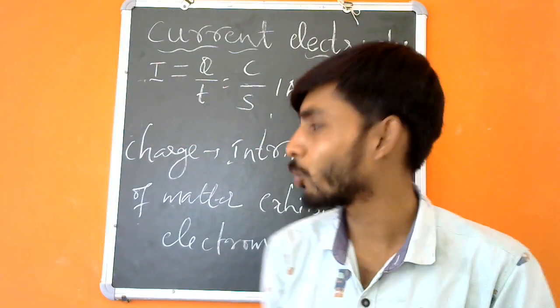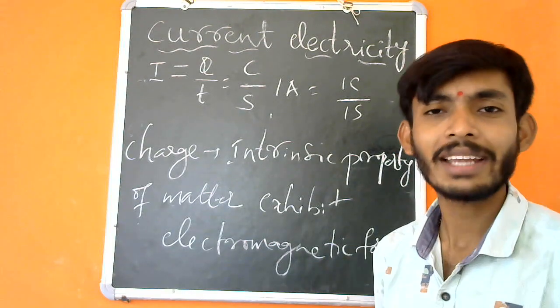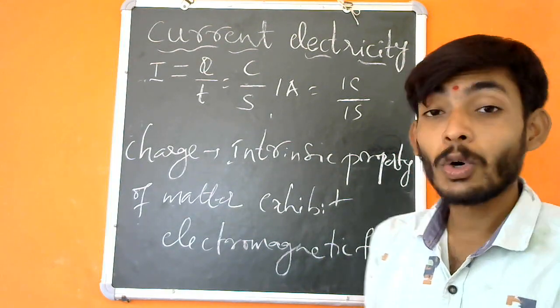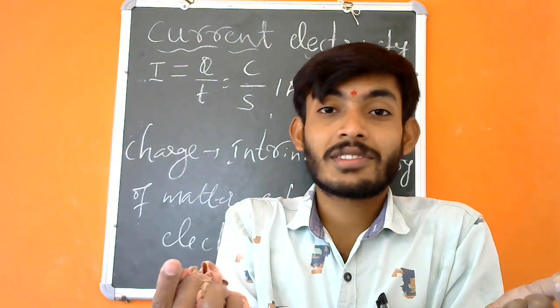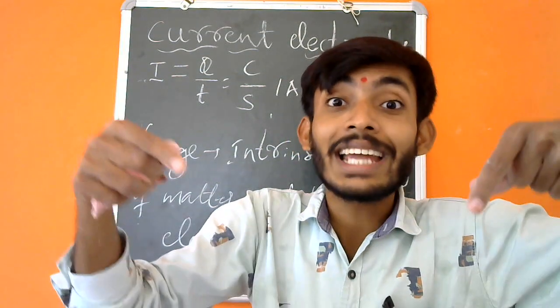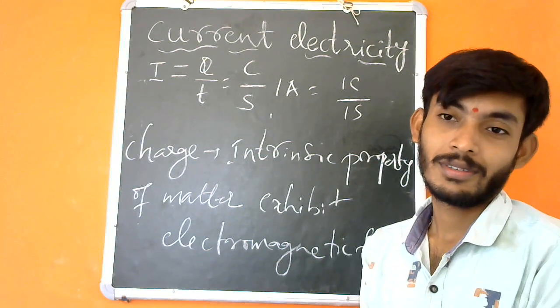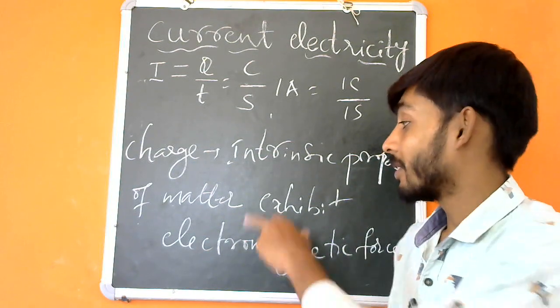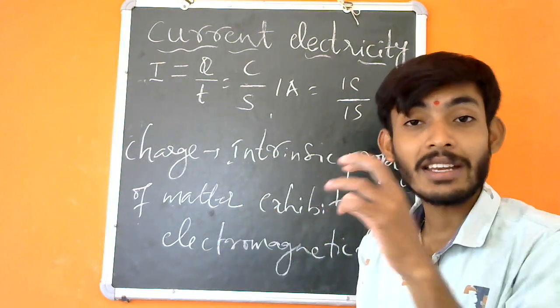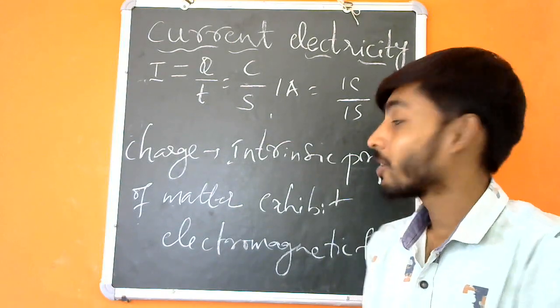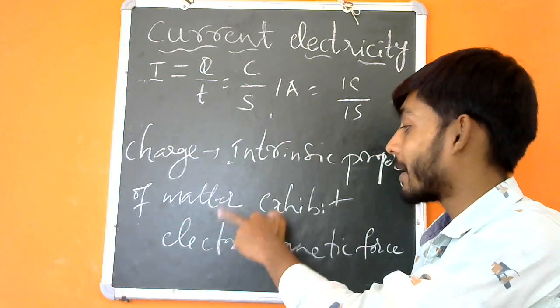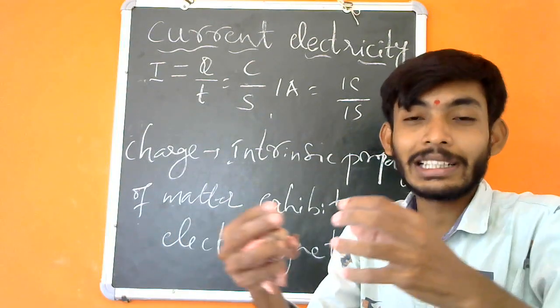We know that we have two types of charges, plus and minus. Like charges repel each other and unlike charges attract each other, so there will be an electromagnetic force. All matter contains charges. That is the intrinsic property of matter which exhibits the electromagnetic force.